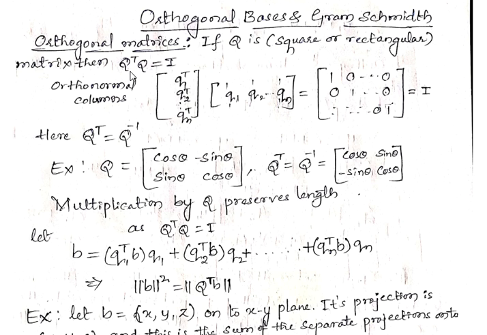As the multiplication gives the identity matrix, we can refer to Q transpose as the inverse of Q, and there are many examples of this.